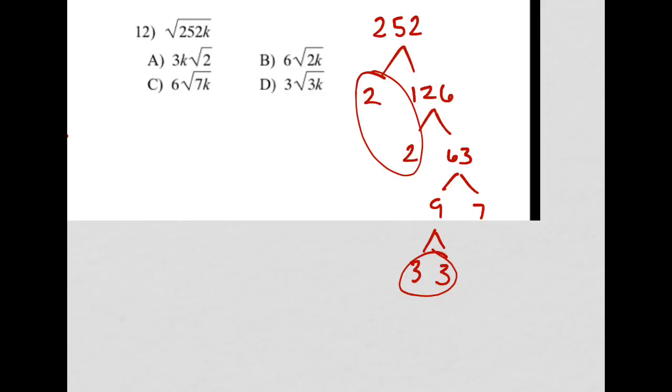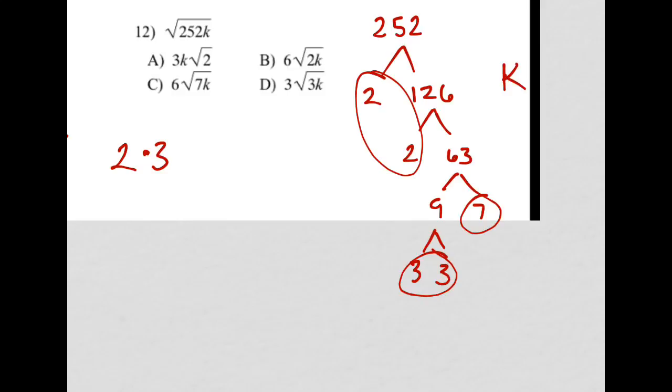All right, moving on. So there's 2 pairs. A 2 and a 3 will be on the outside. A 7 will be on the inside. So we have 2 from here times 3 from here. And also the k stays on the inside because there's no pairs.